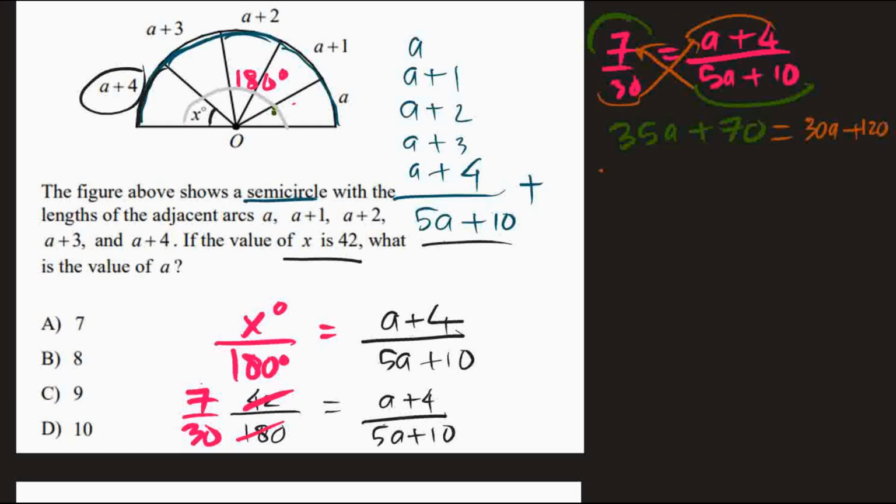Now we have 35a minus 30a equal to minus 70 plus 120, because we move it to the right. Now minus 70 plus 120 is 50, and 35a minus 30a is 5a, so a is equal to 10. That will be our answer, 10.